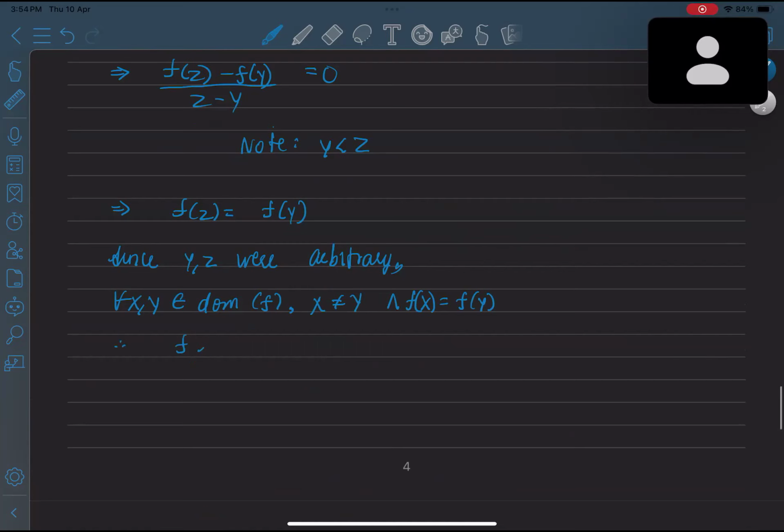Therefore, f is a constant function on (a, b).